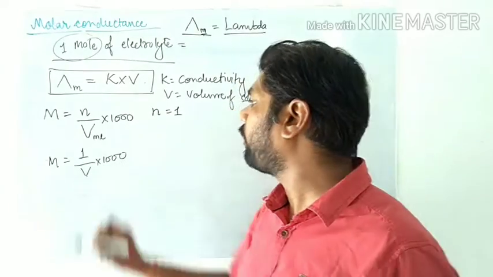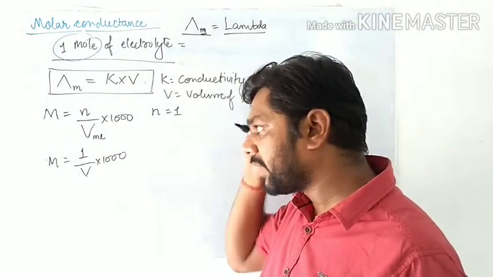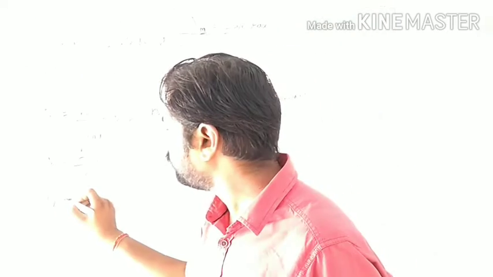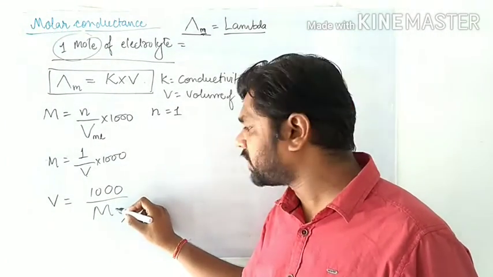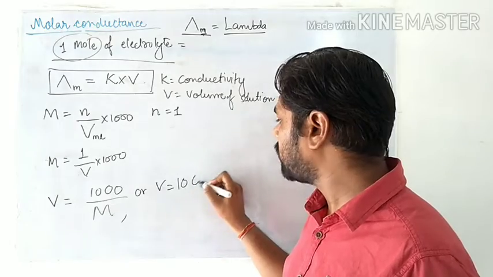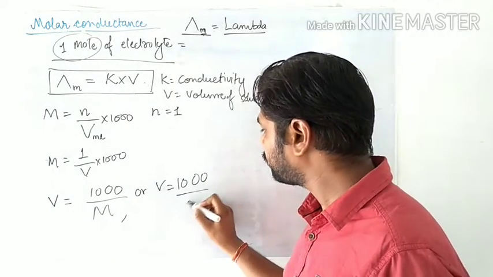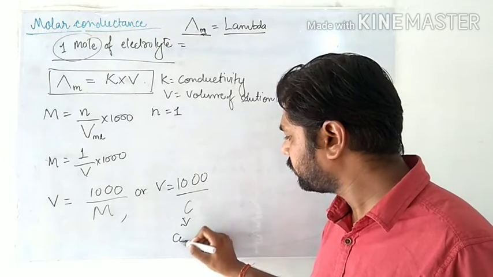Now how can we find V? A very simple thing: V is equal to 1000 upon M. Molarity is a type of concentration, so we can also write the volume as 1000 upon concentration, where C stands for concentration.